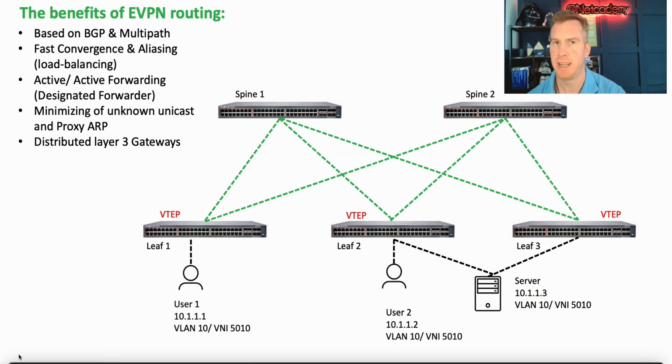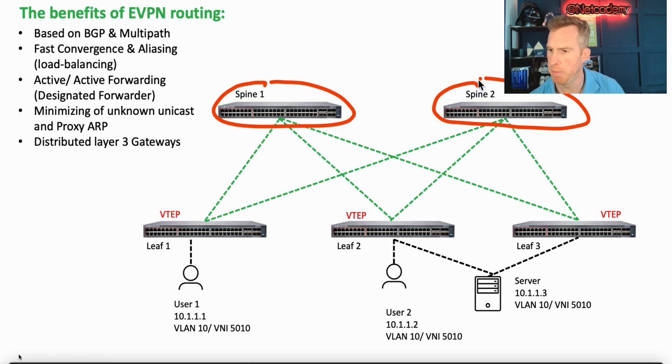Now, a big point here is that you can actually decide, depending on your use case and the type of traffic you've got on your network, where that gateway is actually positioned. So if it's on the spines, as I've been detailing here, that would be referred to as CRB, or centrally routed and bridged.